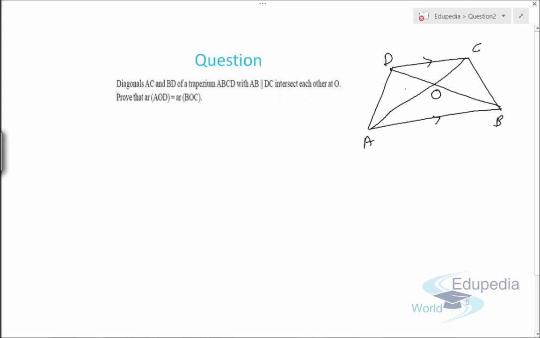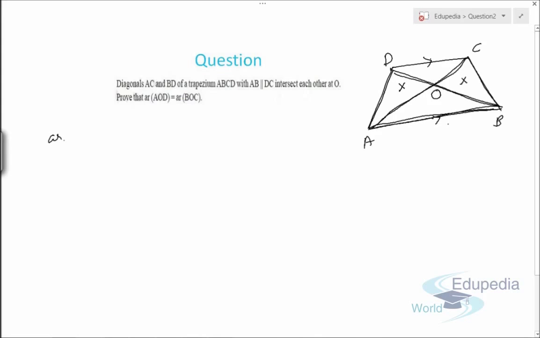Now we need to prove that area of AOD, this area, equals area of BOC, right? So let's see how we can do this. If you consider area of ABD, this as the area, and area of ABC, this is the area, right? If you can see properly, they share the same base AB and they are between the same parallel lines AB and CD.